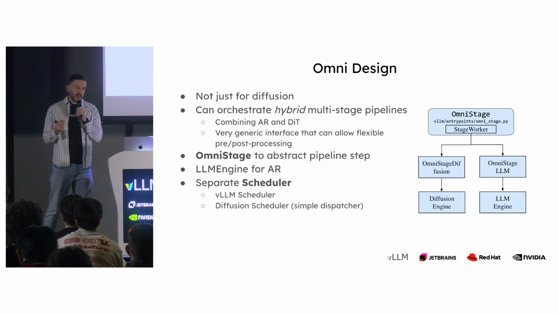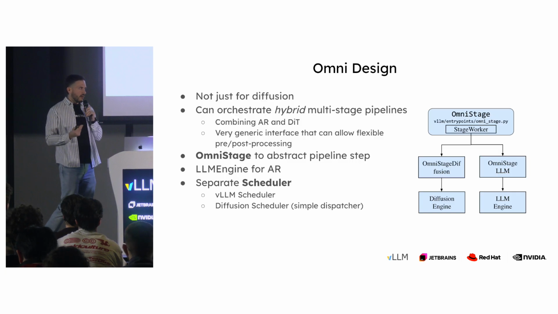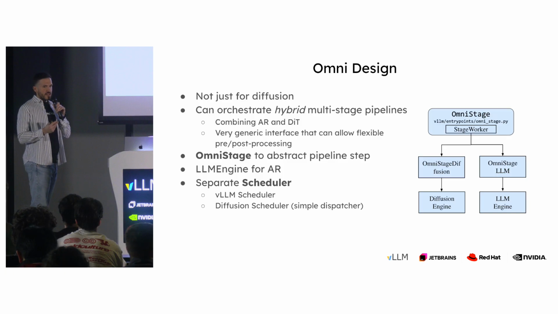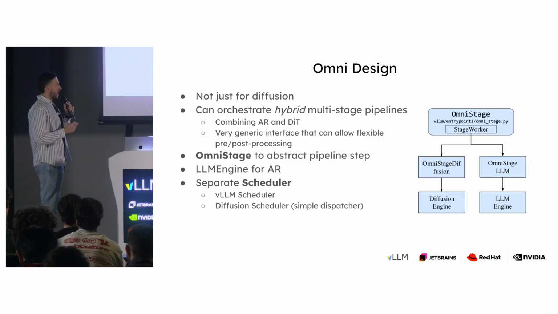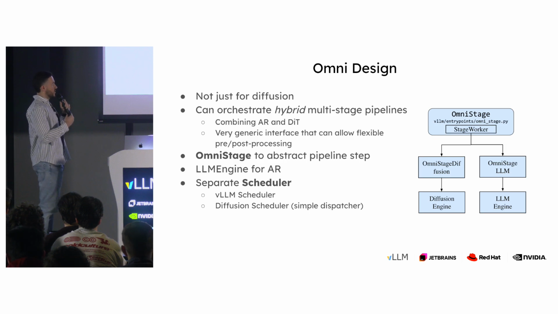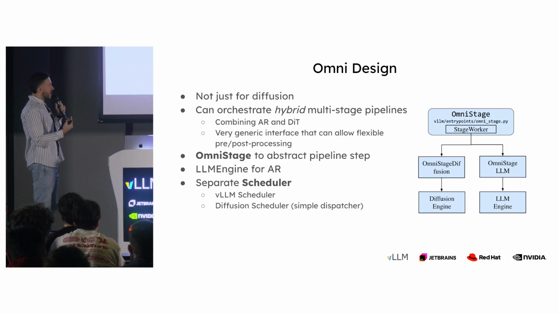But from the design perspective, Omni basically chooses to have a very, very flexible interface, which is that of a stage. You might think of a stage as a node in a pipeline, and it doesn't enforce any particular design, but basically the taxonomy of this stage is that it can either be a diffusion stage or an LLM stage.